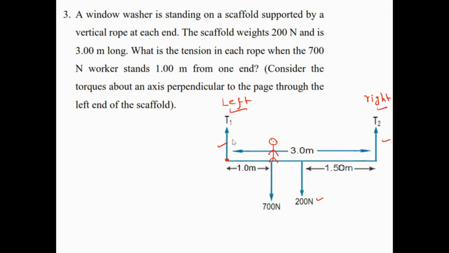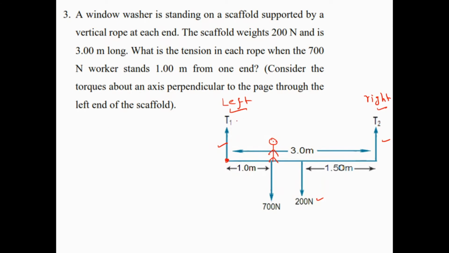If you consider the axis of rotation from the right hand side, you will get the same answer. So better I will do it for both. First I am going to solve this question based on the axis of rotation from the left hand side, and the second time I am going to do the same thing for the right hand side axis of rotation. Okay, so let's start with the axis of rotation near T1.